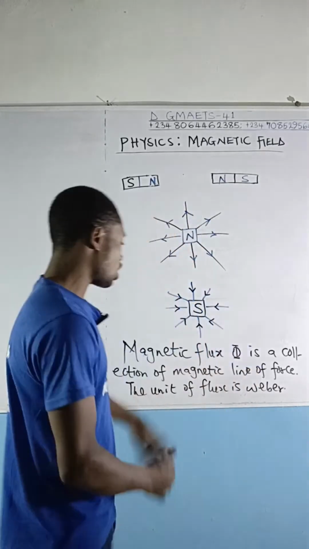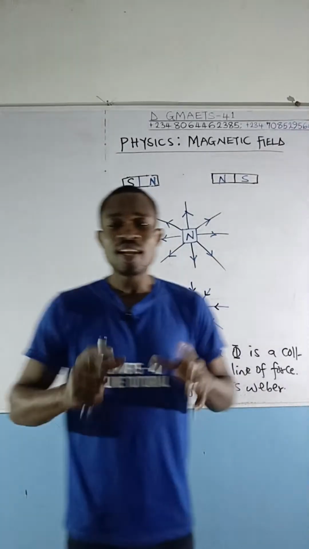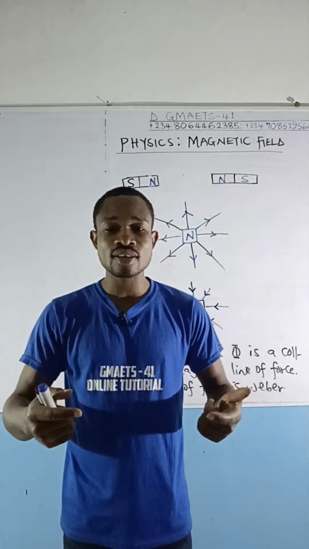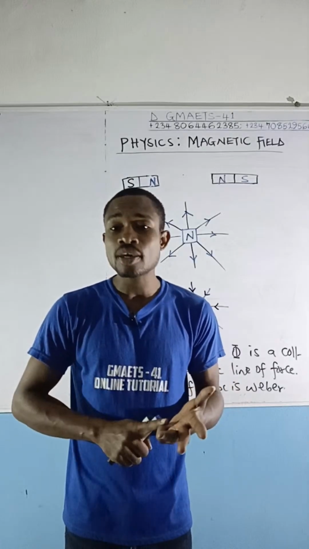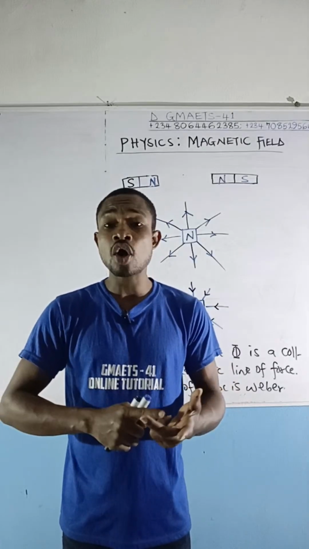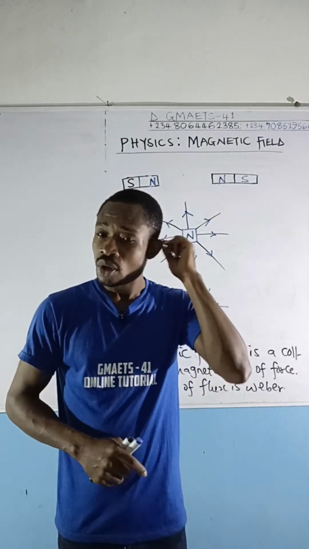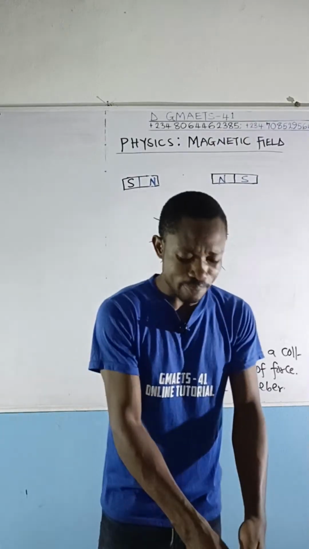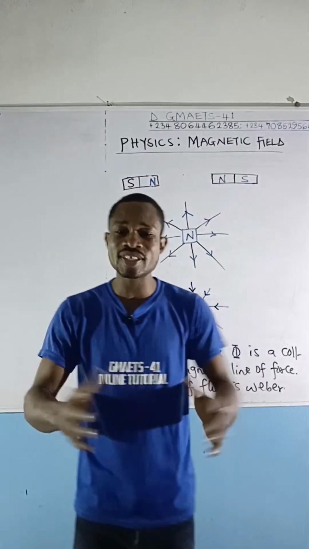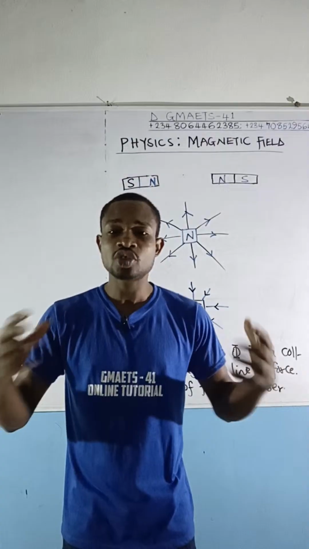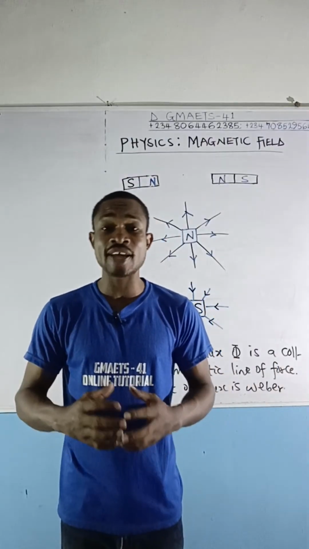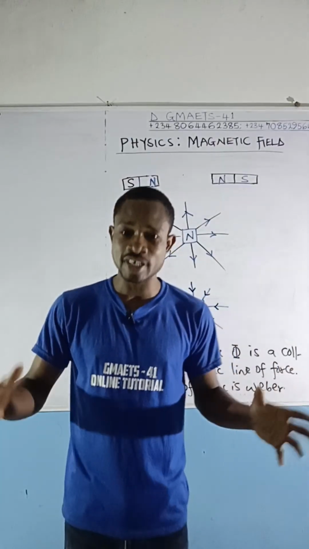I've talked about the concept of flux. Let us now talk about magnetic line of forces for like poles and for unlike poles. You know, because a magnet is dipole, it has two poles, north and south. We can experience attraction in a magnetic field and we can experience repulsion in a magnetic field.